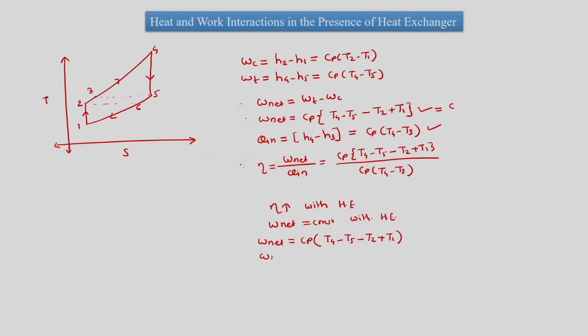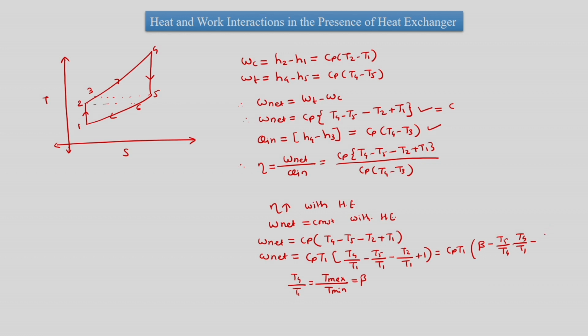We can take T1 common, so W net is equal to Cp T1 into T4 by T1 minus T5 by T1 minus T2 by T1 plus 1, and then this is equal to Cp T1 T4 by T1 is beta, since we have said T4 by T1 is equal to T max by T min, and that is beta for us, and T5 by T1 can be said as T5 by T4 into T4 by T1 minus T2 by T1 plus 1.